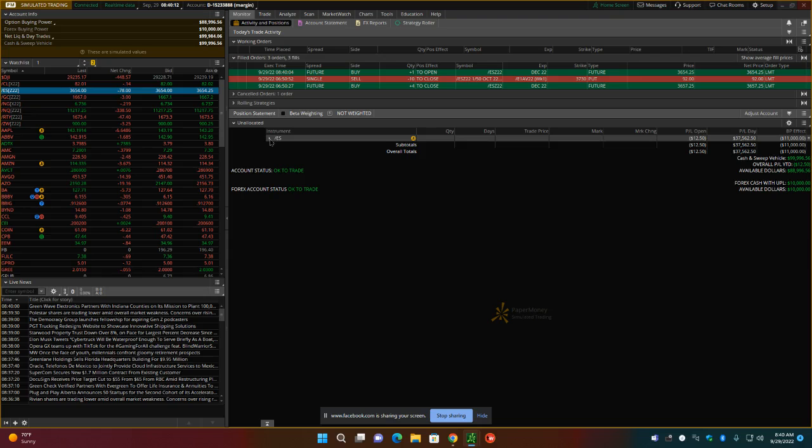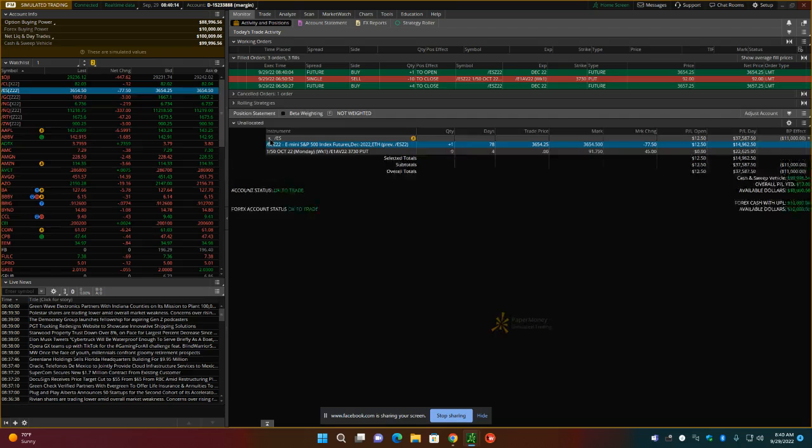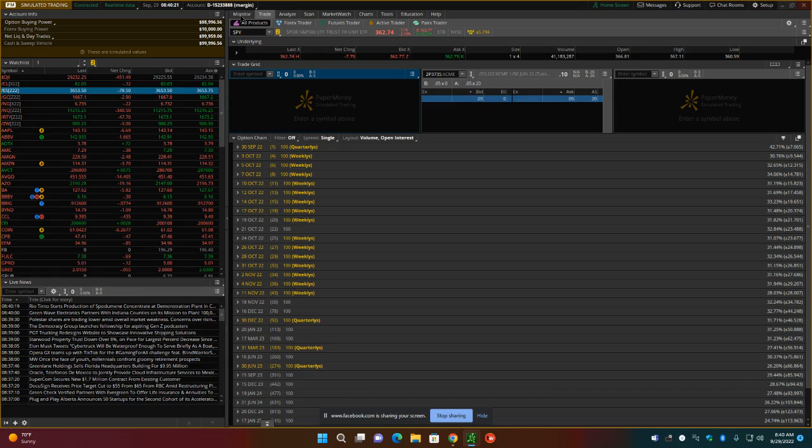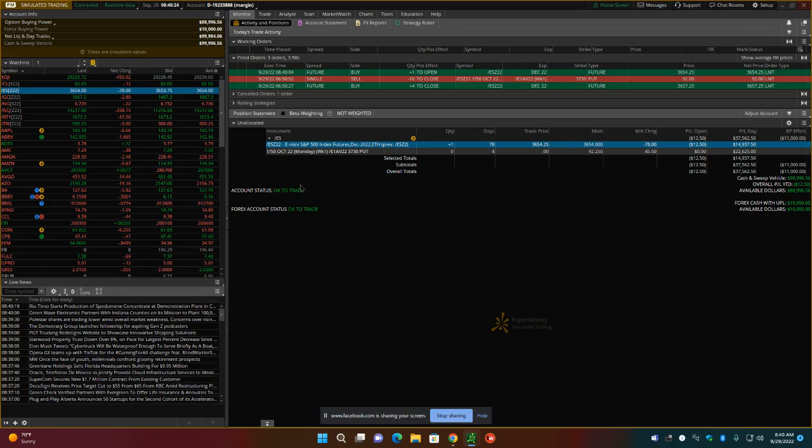Okay. Here's the amount that I'm winning or losing on this particular trade only, and this is from the previous day. So I just bought one ES contract for the current cycle.